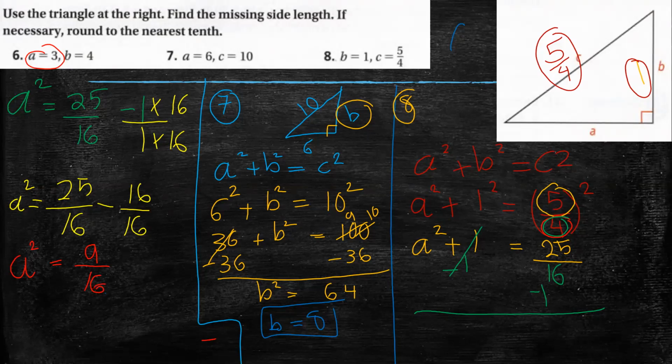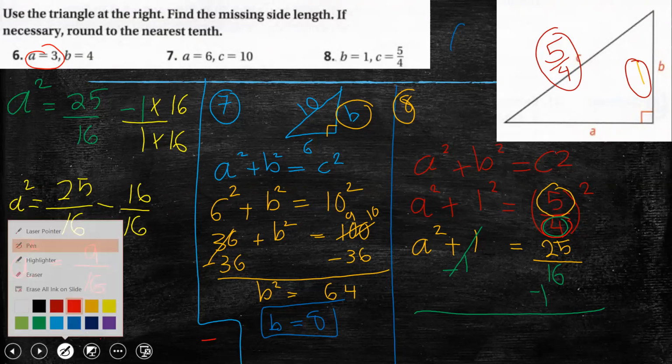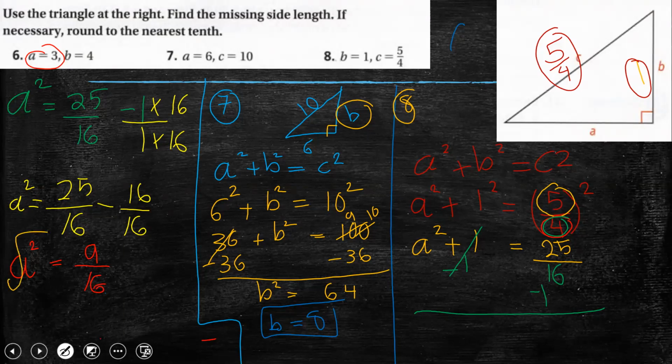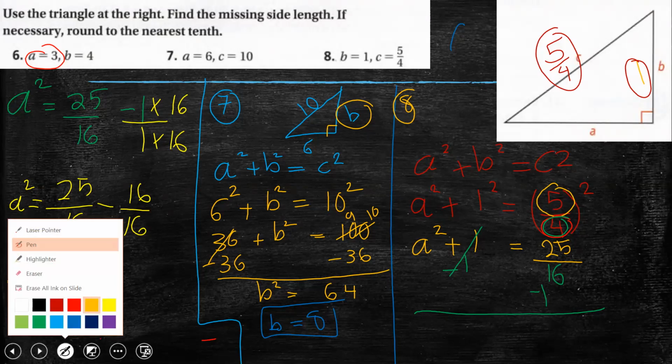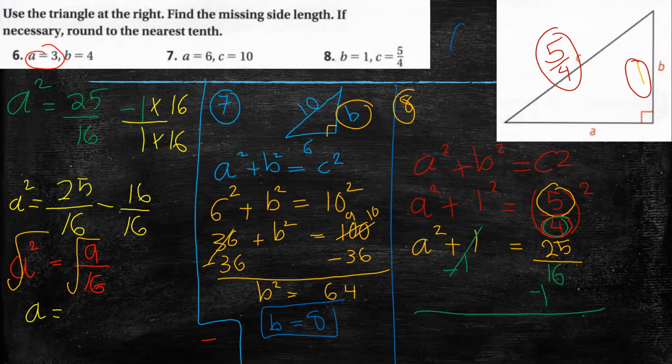I need to find A. So what I have to do now? Under square root. So A will be the square root of 9 over 16. As we did with 5 over 4, we square the numerator and the denominator, here we have to take the square root of the numerator and of the denominator.